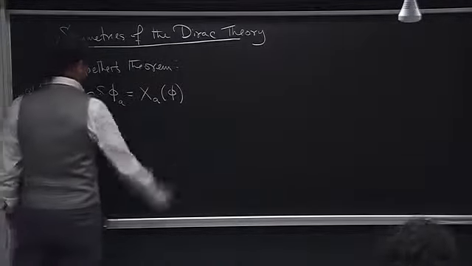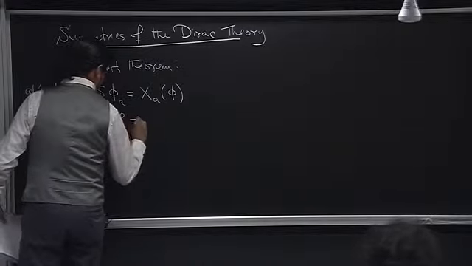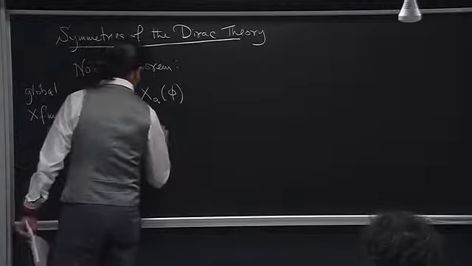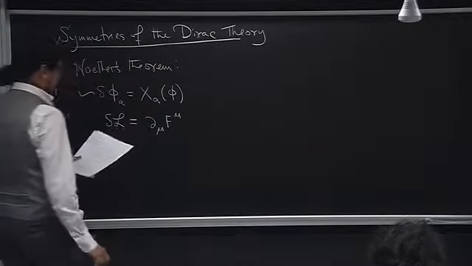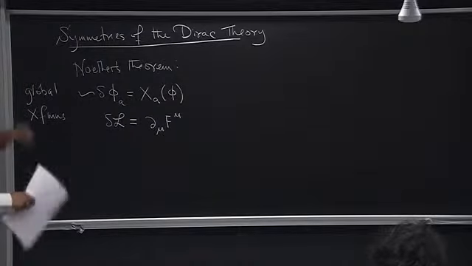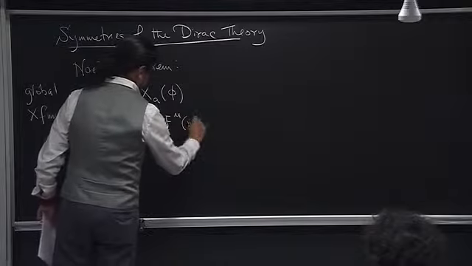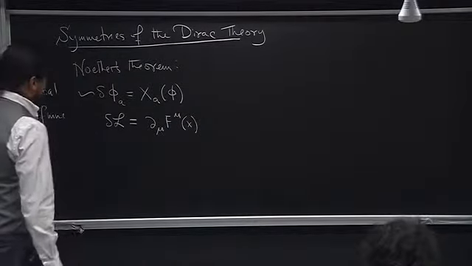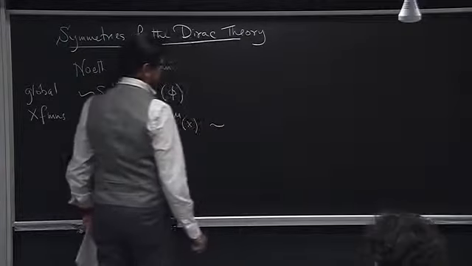And suppose under this transformation, your Lagrangian changes by the divergence of some four-dimensional vector, in such a way that the action remains invariant.